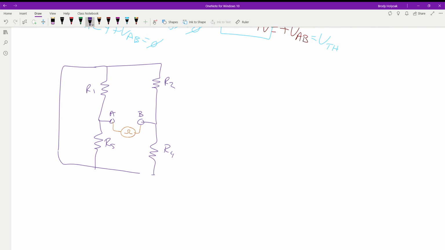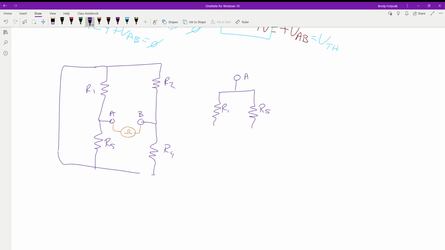So we're going to start at point A because that's where we want to go. What is point A connected to? R1 and R5 in parallel because there's multiple current paths. So we have R1, we have R5.